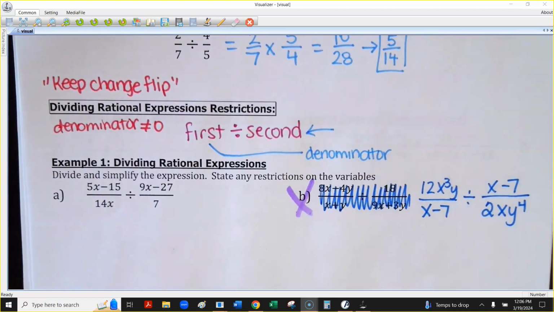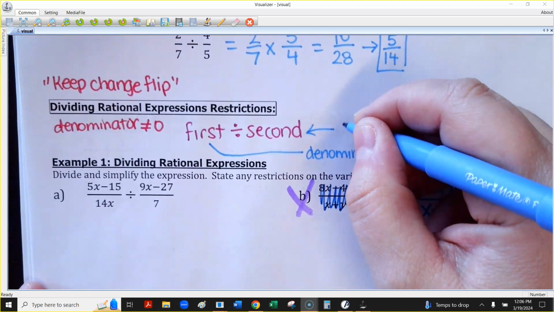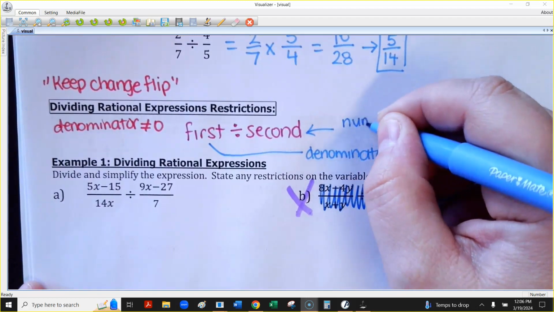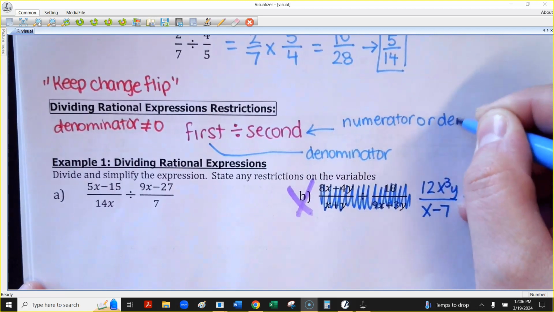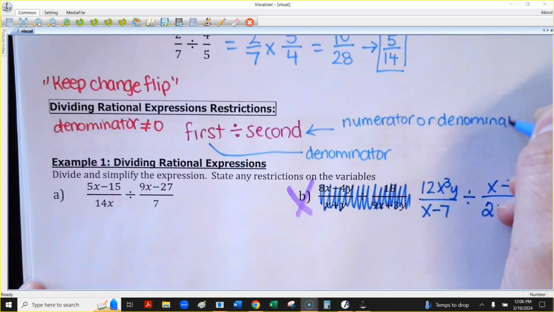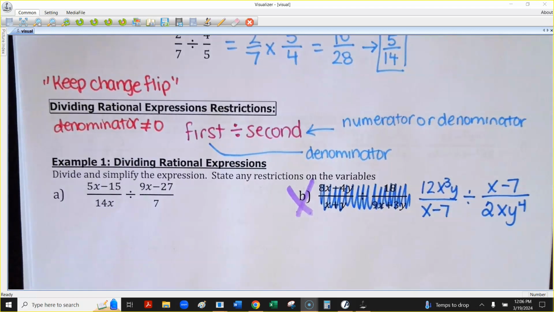So at any point in the problem, if something's in the denominator, whatever fraction you divide by, you have to exclude anything that would make the numerator or the denominator 0, because it gets flipped over when you multiply by the reciprocal. So for the very first fraction, it's just anything that would make the bottom 0. For the second fraction, it's going to be the top and the bottom. It's because it gets flipped over when you do the division.